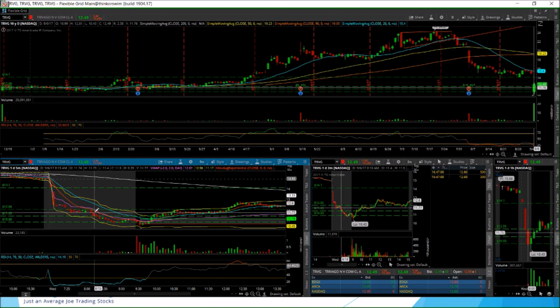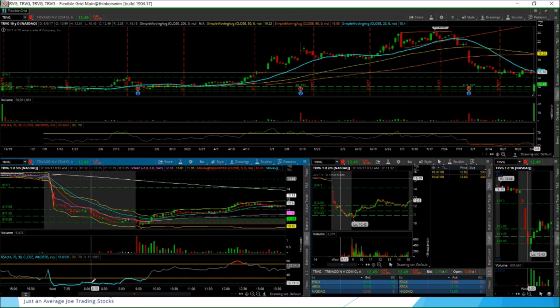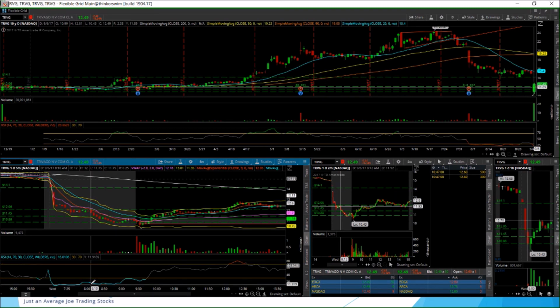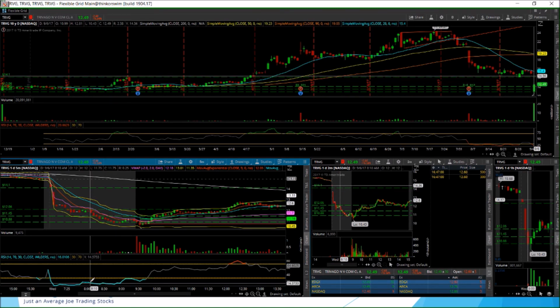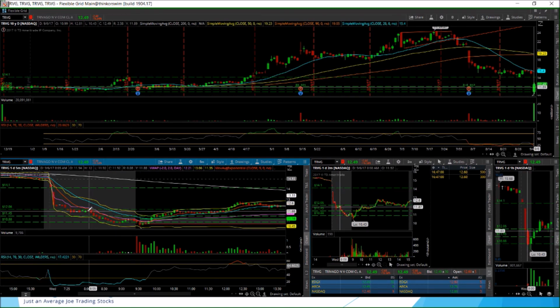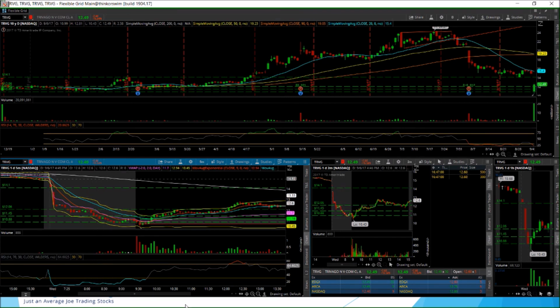This candle right here. And when I was going through my checklist, the RSI was below 20. So with the RSI being below 20, that is one of the no-goes for me. If it's below 20, I'm not going to short it. It's a no-go because it's probably going to be limited downward potential.